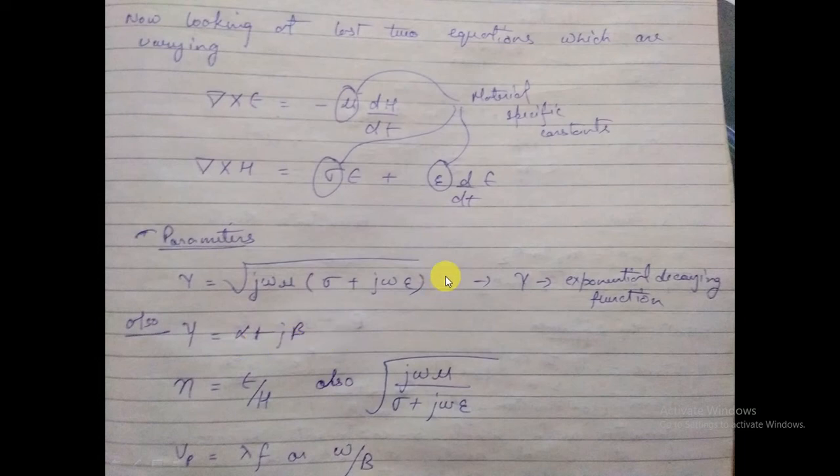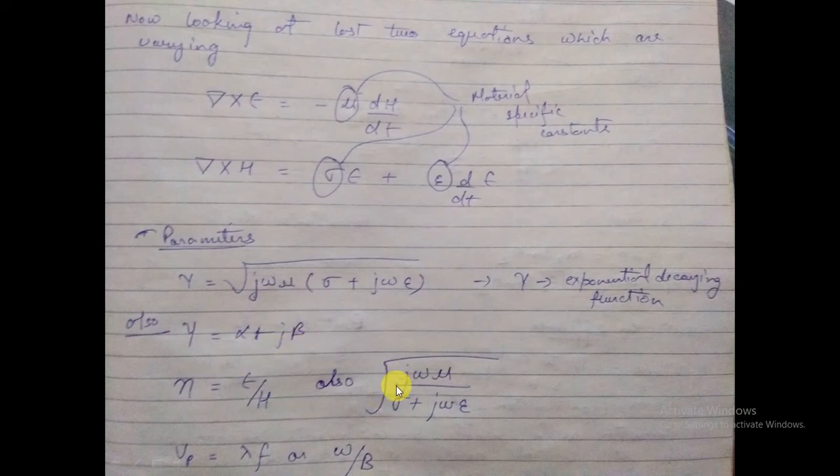It attenuates the signal as the distance increases, so as distance z increases, there is attenuation in the amplitude of the signal as we move along the z axis. What is beta doing? It changes the phase of the same wave. So these two are very important constants.